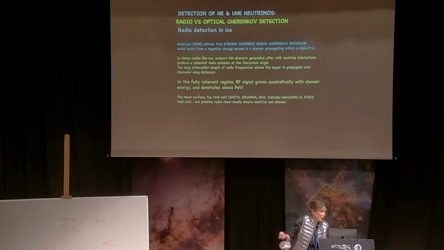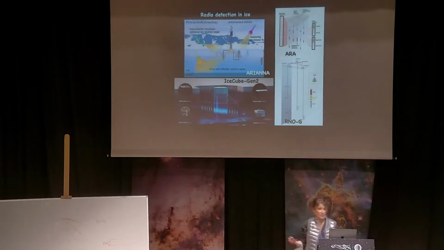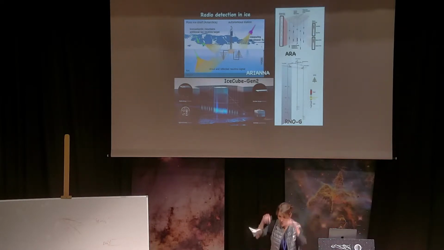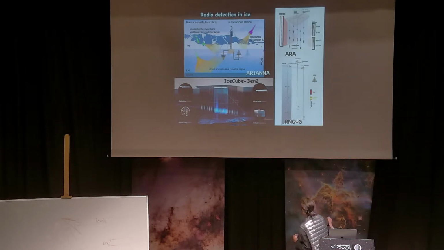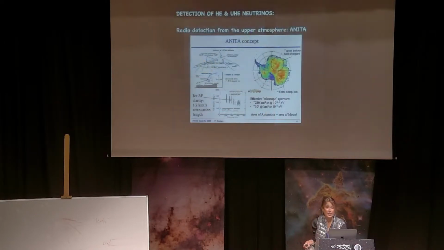We need to look for either rock or salt, possible radio-clear media where neutrinos can have this Askaryan effect, can shower. So we have, for instance, radio detection in the ice by ARIANNA. IceCube Gen 2 will also have a part of the optical Cherenkov detector, with these lines of optical modules in ice. They will also develop a radio array, ARA, RNO-G. All of those are based on this radio detection of ultra-high energy neutrinos.